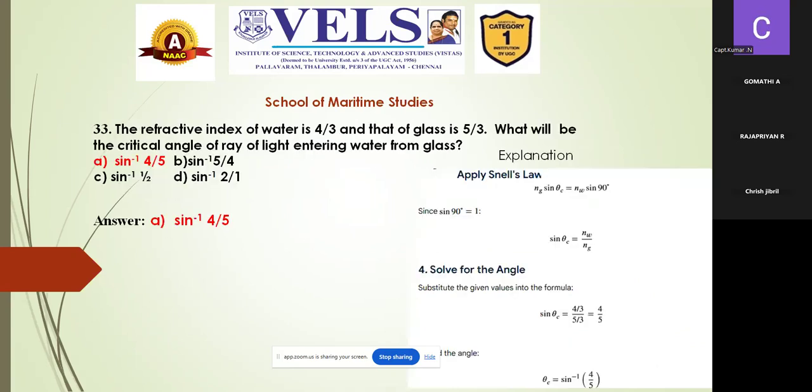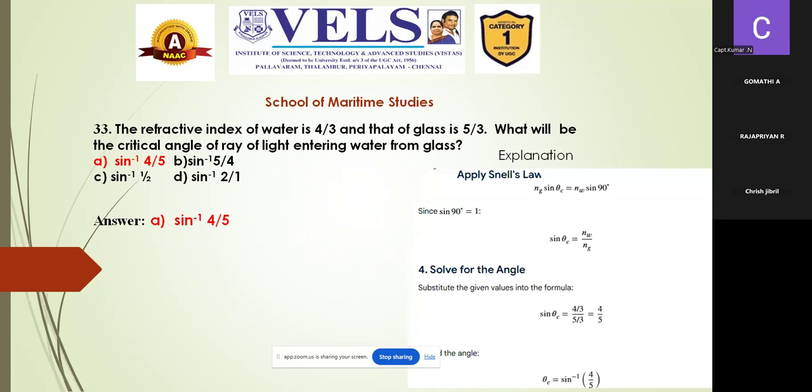Our next question is, the refractive index of water is 4 by 3 and that of glass is 5 by 3. What will be the critical angle of a ray of light entering water from glass? We know that for the critical angle, sin C is equal to 1 by mu. Mu represents the refractive index.